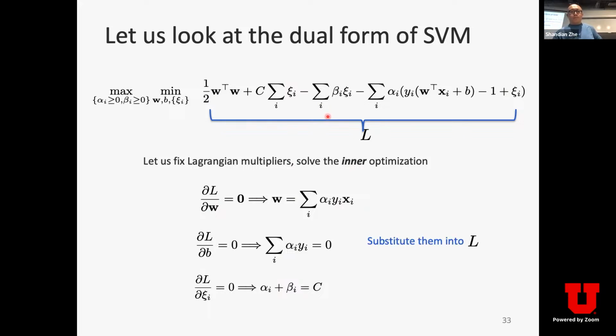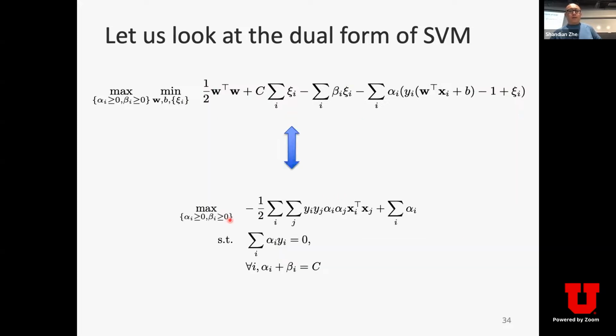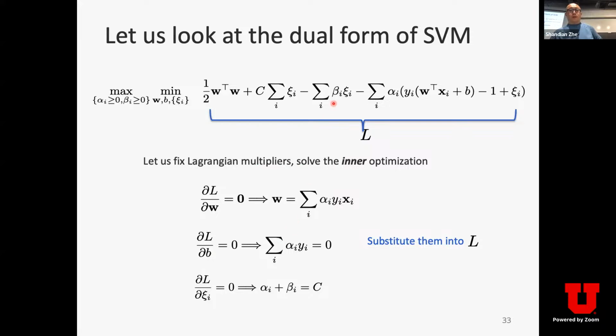If you do this, you can immediately simplify the form of L to be a quadratic function with respect to alpha i's only. This is pretty straightforward as well, because all the coefficients for B, their summation must be 0. So all the terms multiplied with B will simply be 0.